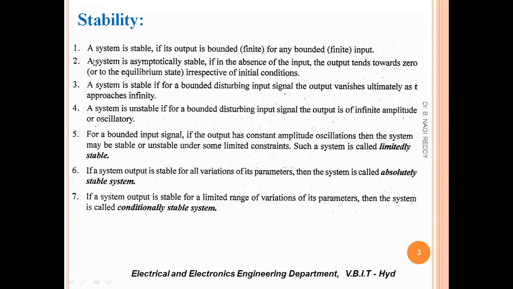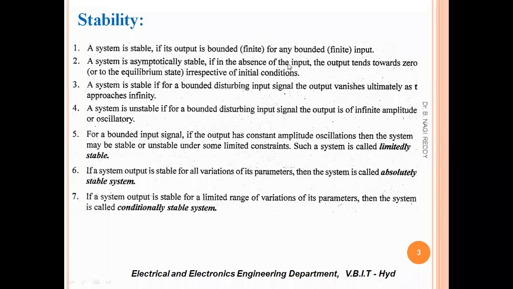The second definition represents the asymptotically stable system. An asymptotically stable system can be defined as follows: when there is no input, that means the input is 0, then the output tends to 0 slowly. Here there is no effect of initial conditions in this case.